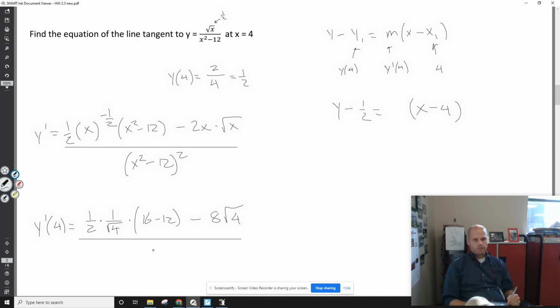Over 16 minus 12 squared. A little bit of legwork we got to do here, a little bit of arithmetic. I got a half times a half, which is a fourth. I got 4. I got 8 times 2, which is 16. And I got 4 squared, which is 16.